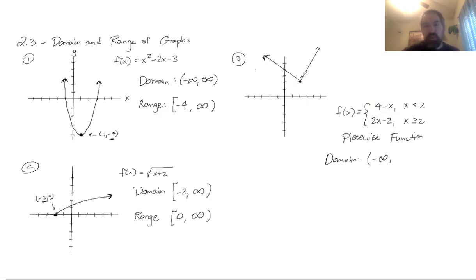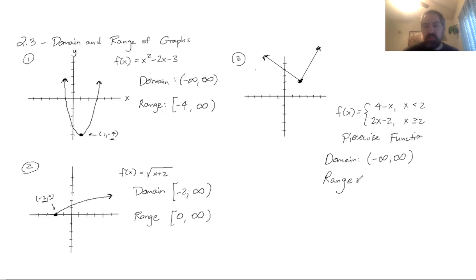There are no jumps, no holes. That's a continuous graph right here. And it keeps going to the right. So that'll be positive infinity. The domain is -infinity to positive infinity. And that's because both of these pieces of the function are polynomials, which have a domain of all real numbers.